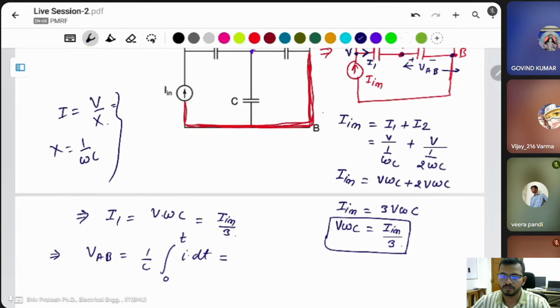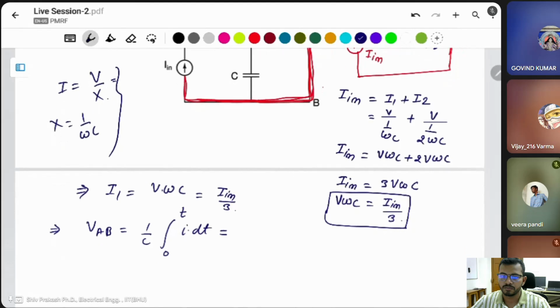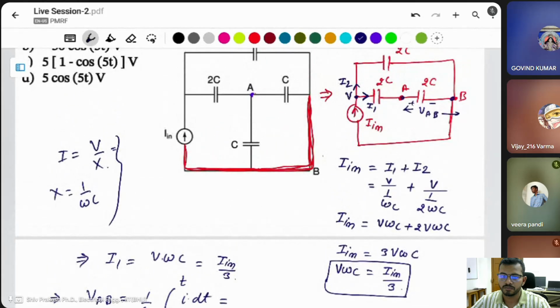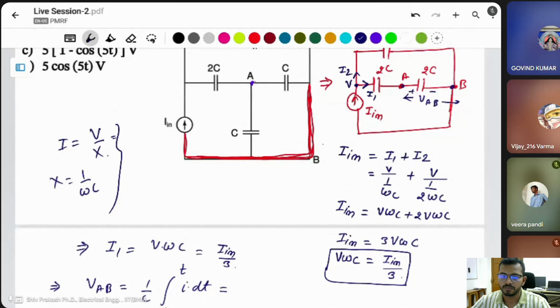Where is the current I in by 3? Simply, I take V as a node voltage here.